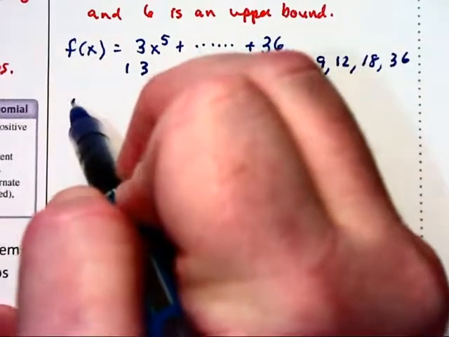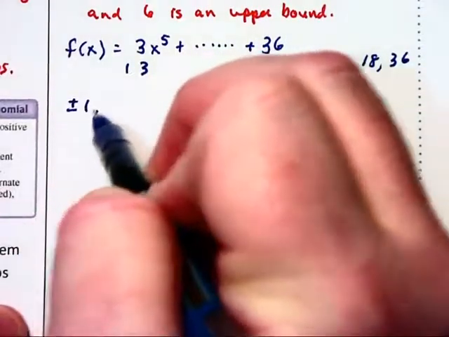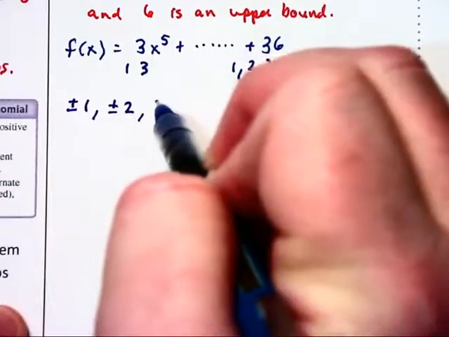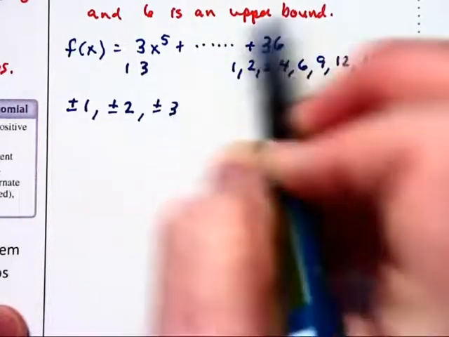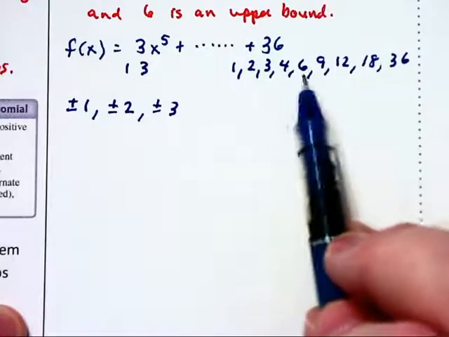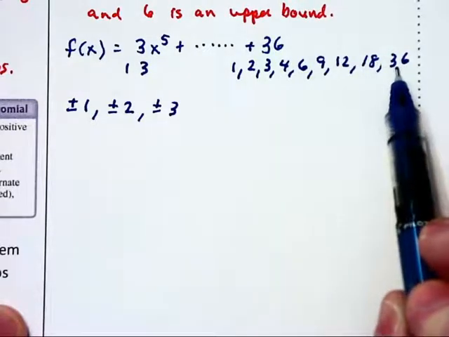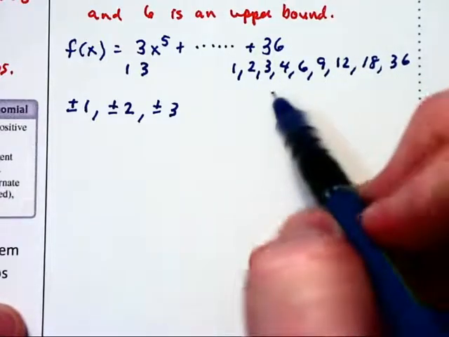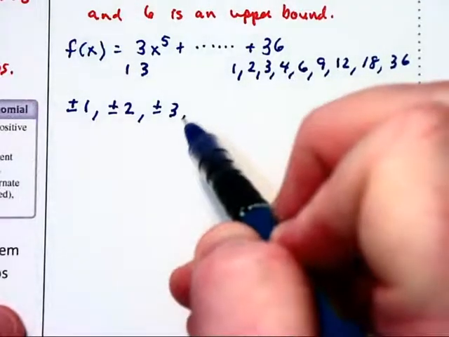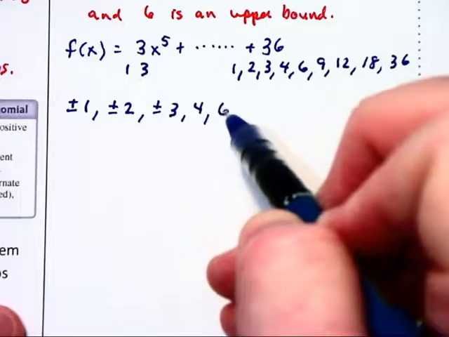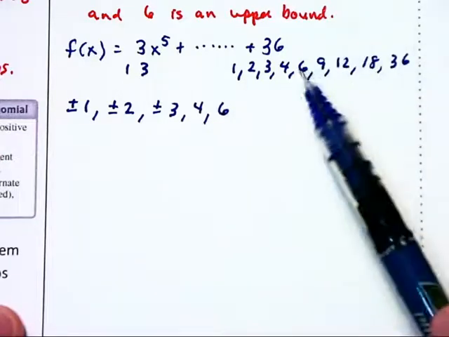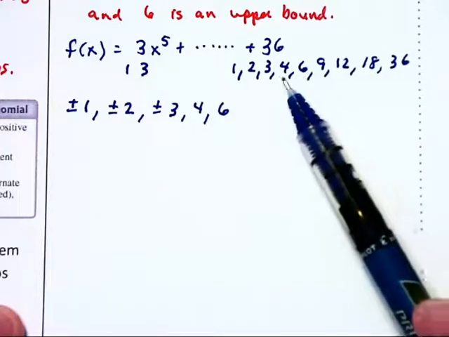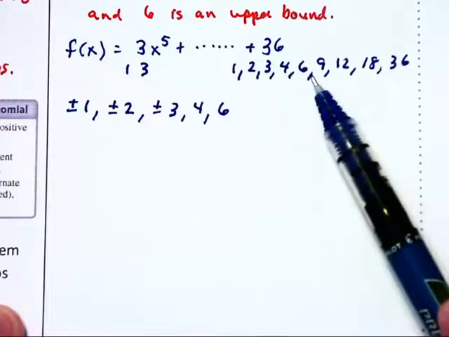So that would be plus or minus 1, plus or minus 2, plus or minus 3. I would have plus or minus 4, 6, 9, 12, 18, and 36, but we just said that those are out of the bound. Now we could have 4, and we could have 6, but the -4 and the -6 fall below the lower bound. So I'm going to skip over these.